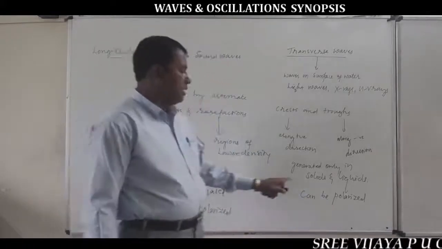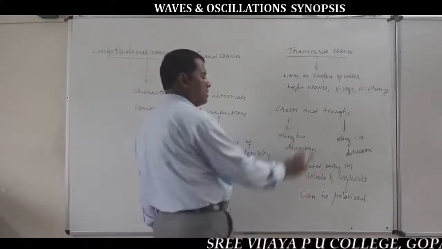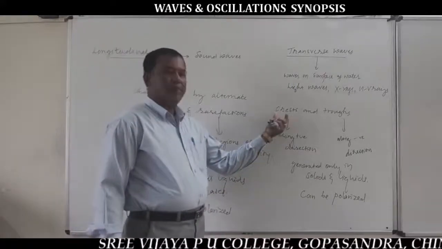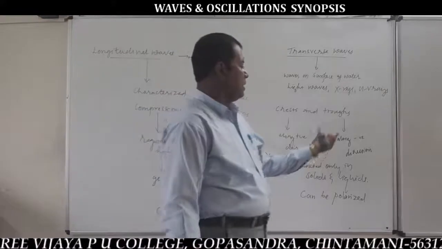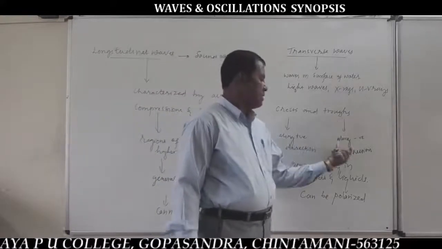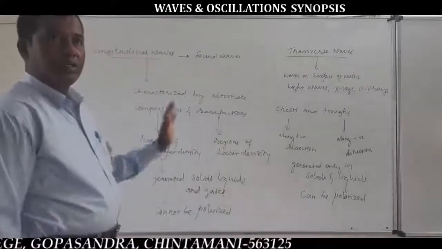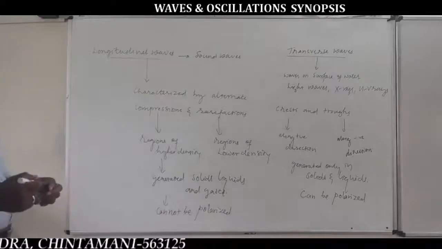They can be generated only in solids and liquids, and they are characterized by alternate crests and troughs. A particle is said to be in crest if its displacement is a maximum along positive direction, and in trough if it has a maximum displacement along negative direction. So those are the differences between longitudinal waves and transverse waves.